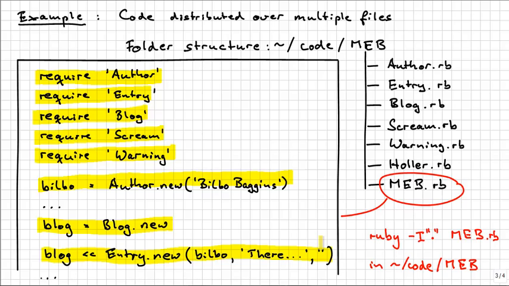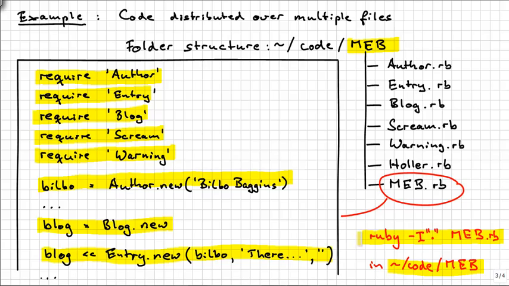Now, how would you start this program? You would move into the MEB folder here on your hard drive, and then you would launch the program by giving the following command: ruby -I . meb.rb. What this does here, this -I dot, is it places the current directory onto the load path for Ruby.